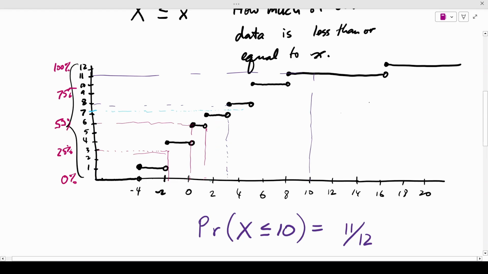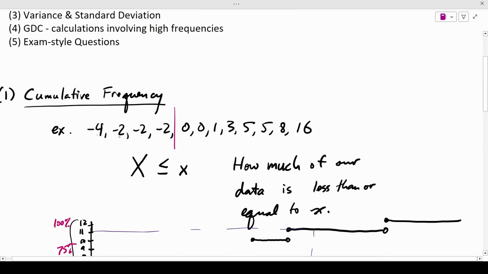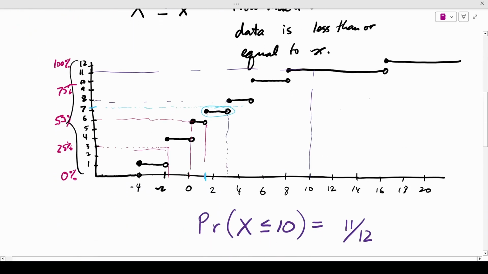Well, it looks to me like it's right in here. So as soon as we hit 1, we have 7 data points. And we can look at our list, 1, 2, 3, 4, 5, 6, 7. Indeed, as soon as we hit 1, we have 7 data points, or 60% of our data, approximately.